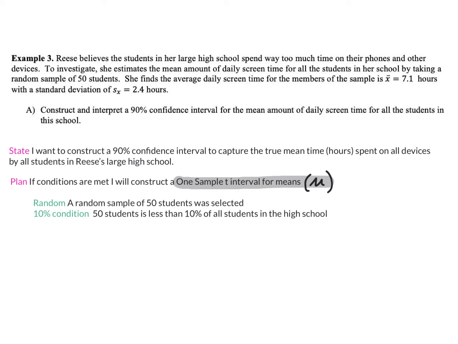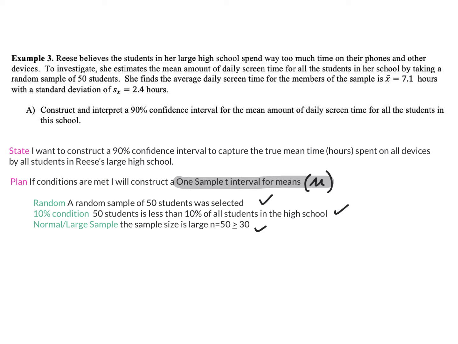And I state that 50 students is less than 10% of all students in the high school. Lastly, my normality condition, I say normal or large sample. The sample size is large, n equals 50 is definitely greater than or equal to 30. So my conditions are met.